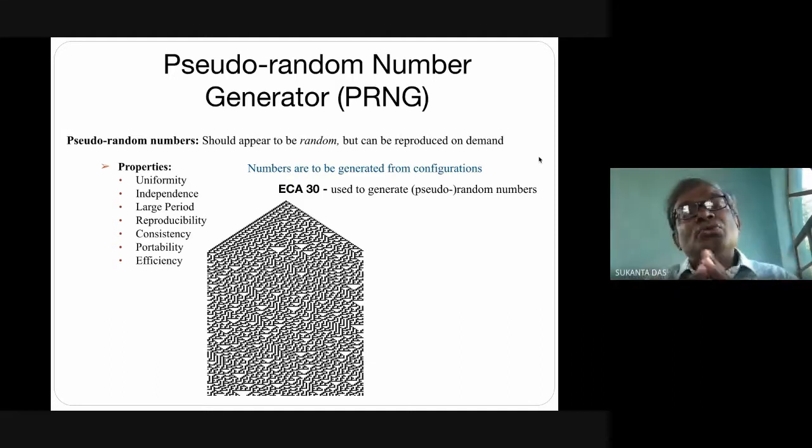So that is the style of Wolfram to use ECA30. Anyway, the point is that infinite CA is not very good if you want to use cellular automata as technology. So our obvious choice is finite CA, right?